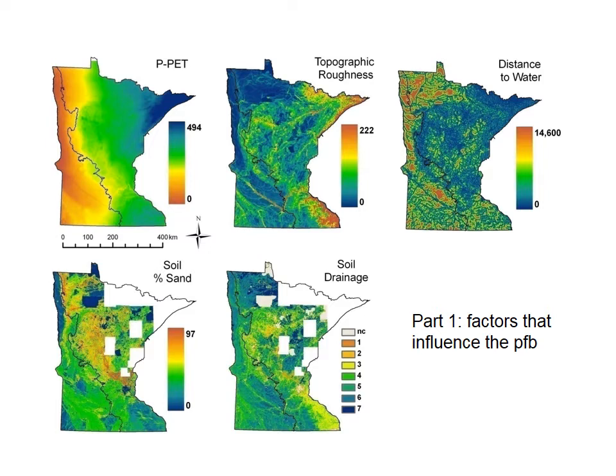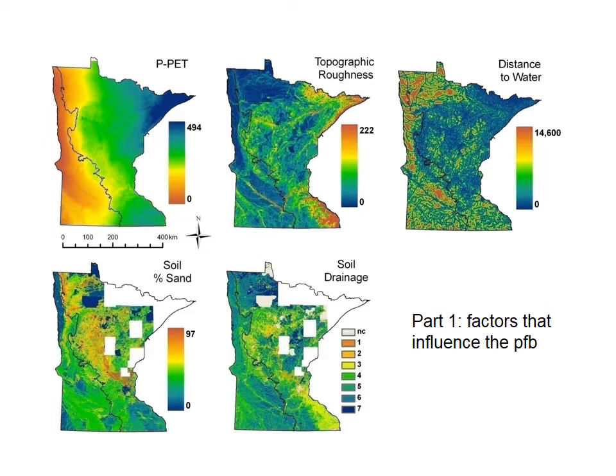And then topographic roughness, the areas that are in the kind of brown to reddish brown are very hilly, so that's southeastern Minnesota and the area along the north shore and boundary waters. And we have some very flat places shown in the dark blue, and then some places with intermediate topography shown in the green and yellow shades.